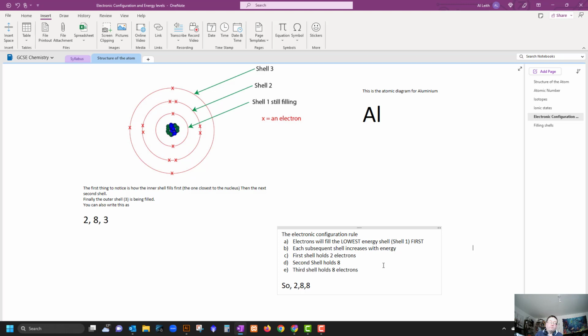The first shell, as we said, holds 2 electrons. The second shell holds 8 electrons. And the third shell holds 8 more electrons. So 2, 8, 8 is the main electronic configuration you need to be aware of here, and that is how we are going to be expressing electronic configuration in atoms.